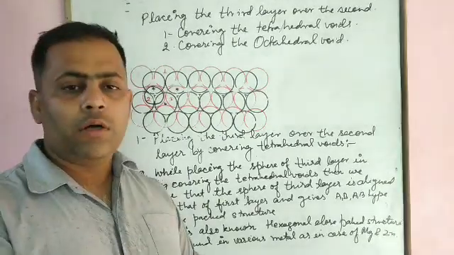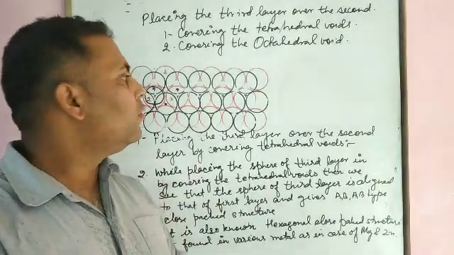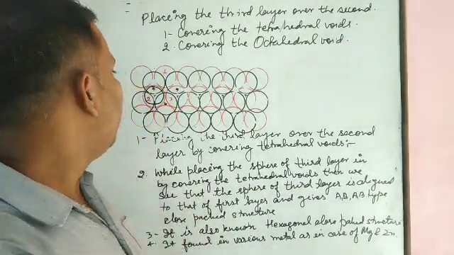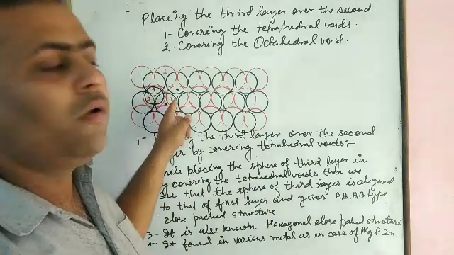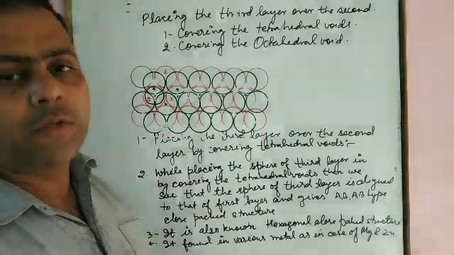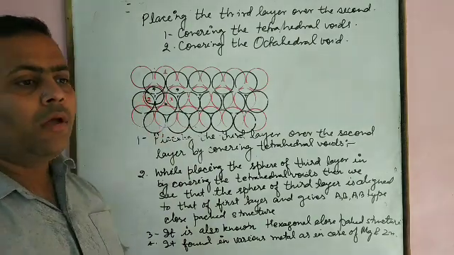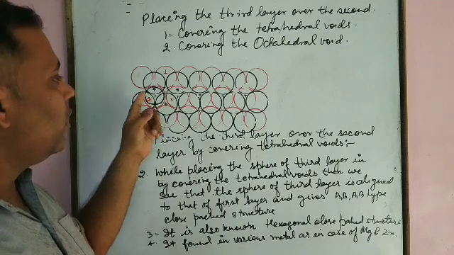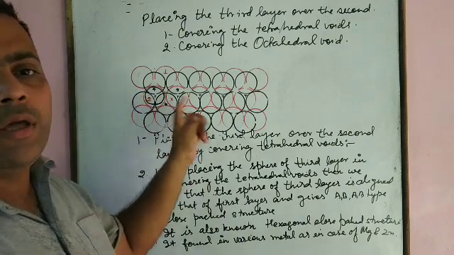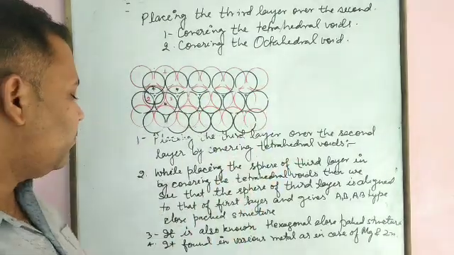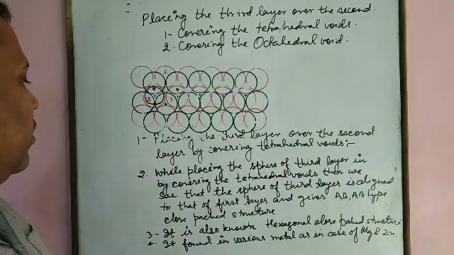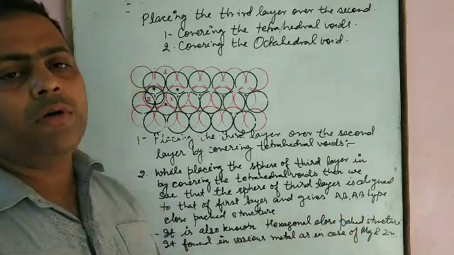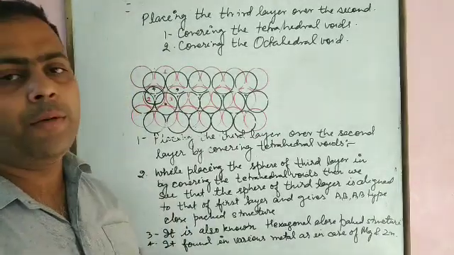If we place the third layer by covering the tetrahedral voids of the second layer, then the sphere of the third layer is aligned to that of the sphere of the first layer, as we have seen here. Therefore, they form an AB type close packed structure, also known as hexagonal close packed structure. It is found in metals like magnesium and zinc.